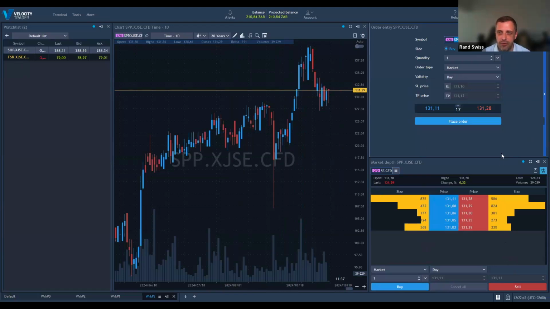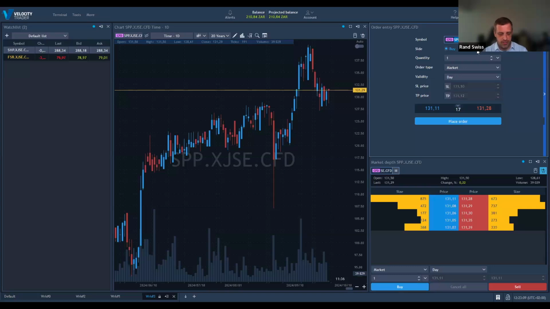Okay, so I've decided what I want to trade. Next, I have to decide, am I going to buy or am I going to sell? With CFDs, you can sell even if you don't have any SPAR CFDs in your account. So with CFDs, you are allowed to open short positions. Short positions are positions where you make money when the price goes down, but you lose money if the price goes up.